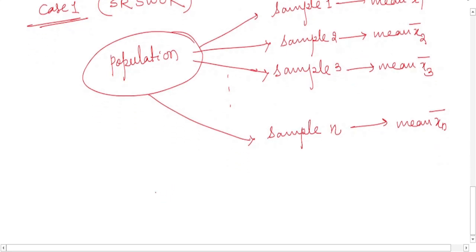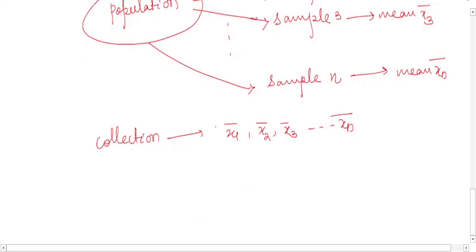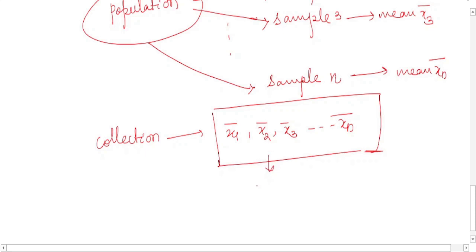Okay. So now we have the collection x1 bar, x2 bar, x3 bar, xn bar, and we know this is nothing but the notation for the sample mean. This collection or distribution is known as the sampling distribution of sample mean.